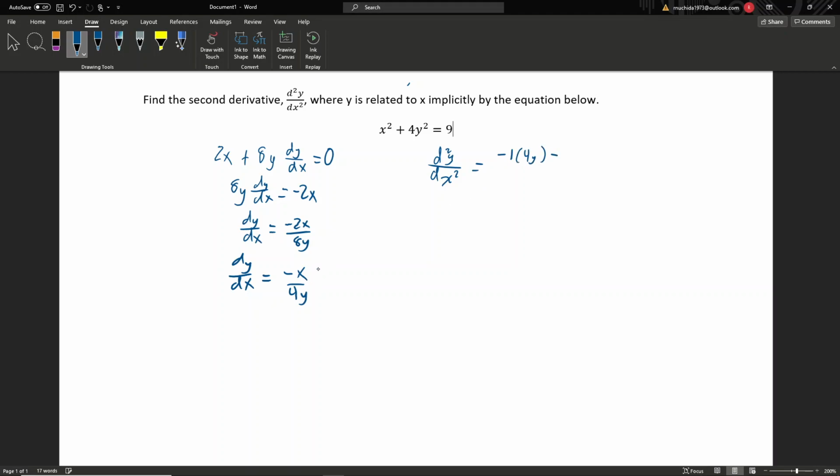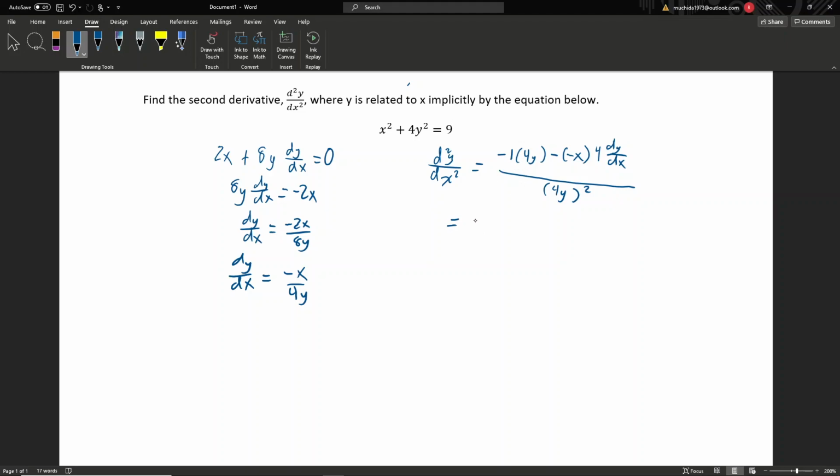minus the top, the negative x, times the derivative of the bottom. Again y is a function of x, so the derivative of 4y would be 4 dy/dx, all over the denominator squared, so the 4y quantity squared.